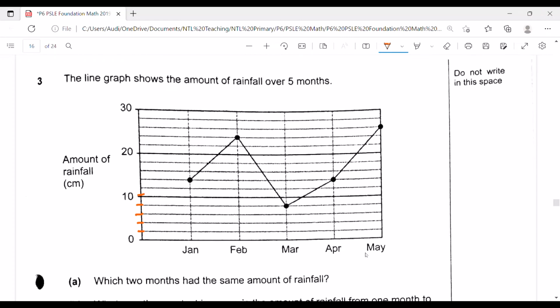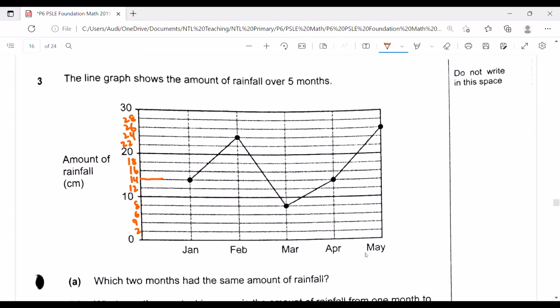But you see this is 10, so it must not be 1, 2, 3, 4, 5. Rather, it will be 2, 4, 6, 8, 10. This is 12, 14, 16, 18. And this will be 22, 24, 26, 28, 30. So that's what we do first.